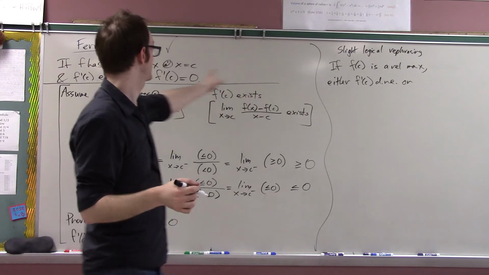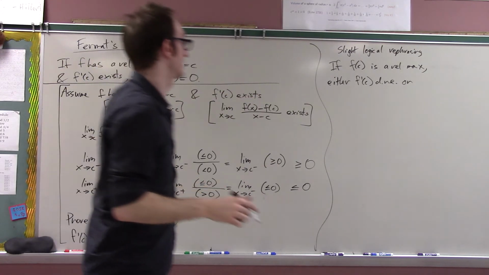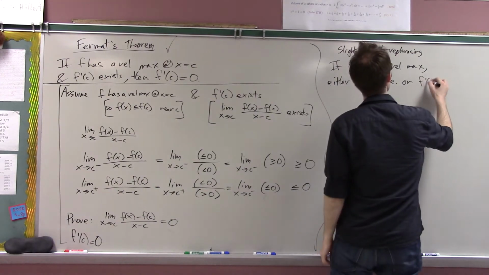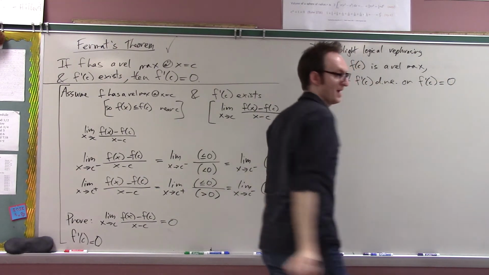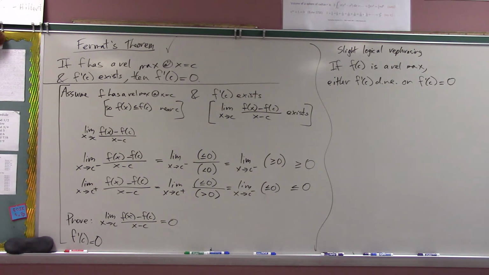But if f prime of c does exist, then Fermat's theorem says that it's 0. So another way of stating Fermat's theorem is to say that if I have a relative max, then at that relative max, either the derivative does not exist or the derivative is 0. Everybody with me? All right.